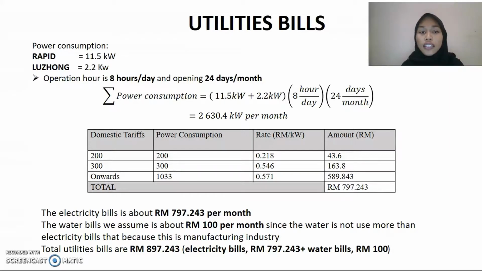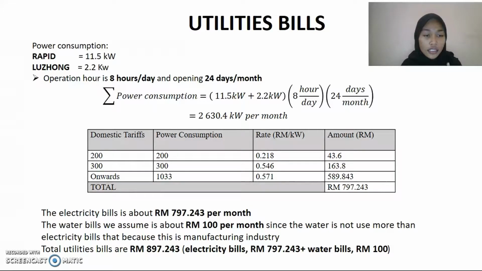To find the power consumption, we add the two power consumptions and multiply by 8 hours per day and 24 days per month. So the total power consumption is 2,630.4 kilowatt-hours per month. And this is a table of the electricity bills.